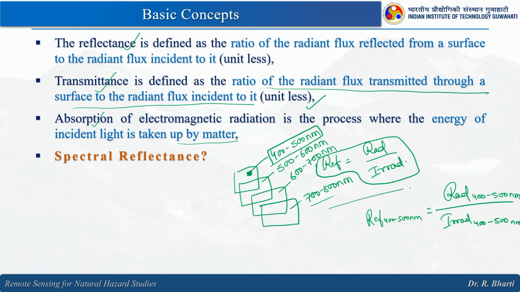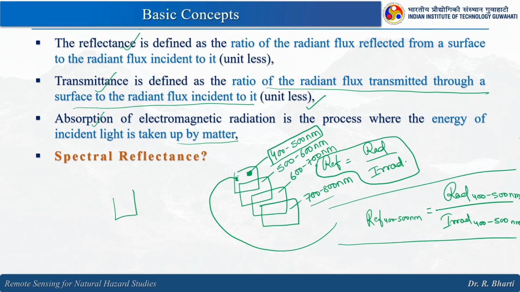I hope this is clear. So, once we do that, then for this particular image we are able to generate the reflectance image. Earlier it was radiance image. Now, using this concept we have generated the reflectance image. So, the first image is available.